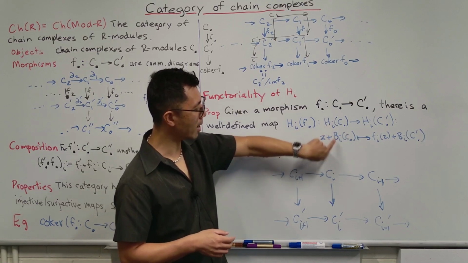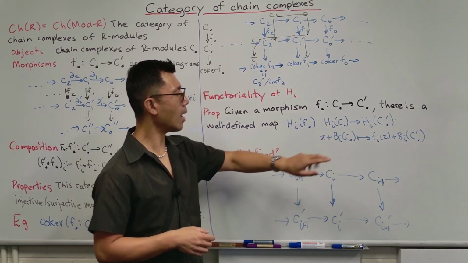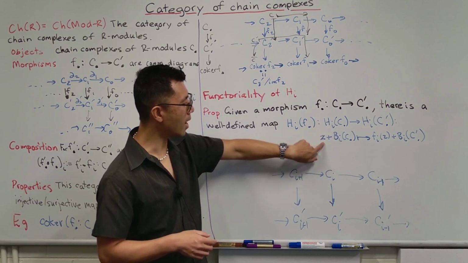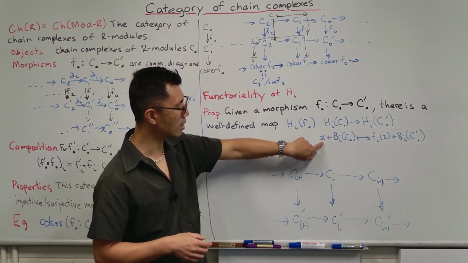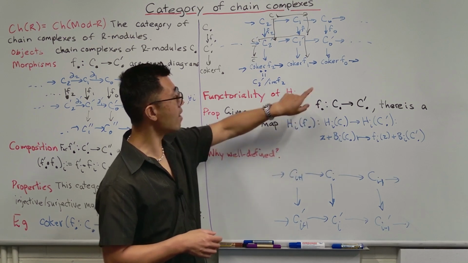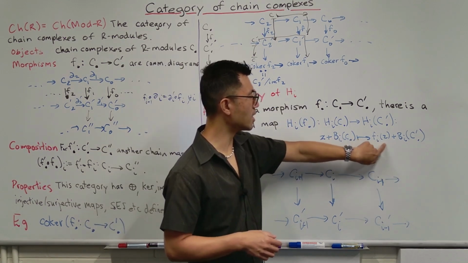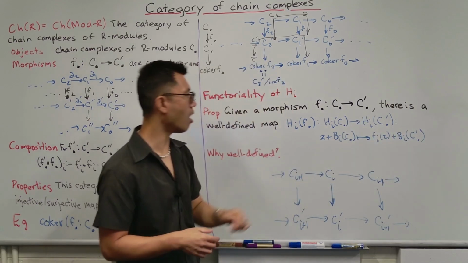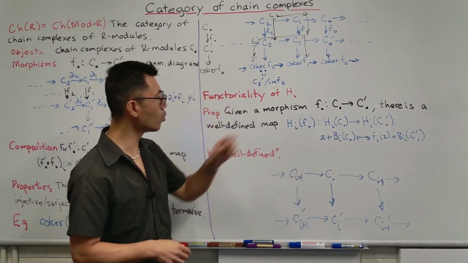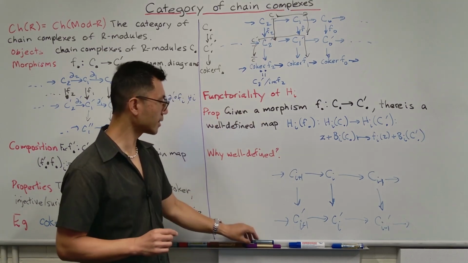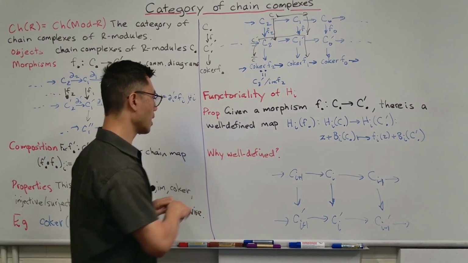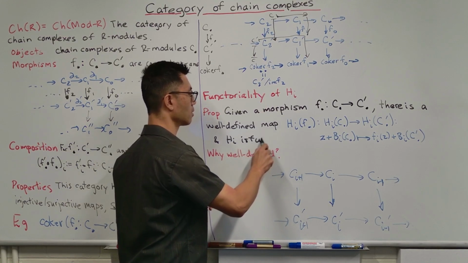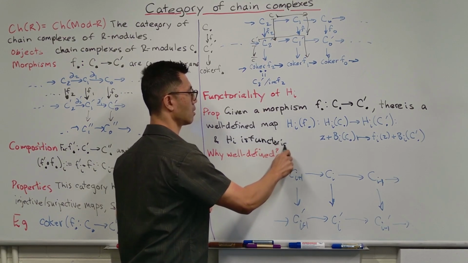So it's a coset of the boundaries, B_i C dot. And what we do is, this is living in degree i. It's an i-cycle. So we can apply F_i to it to get F_i of Z. And we look at this, what I claim is an element of here. So there is a well-defined map. And I guess the other thing that's important is that H_i is functorial.